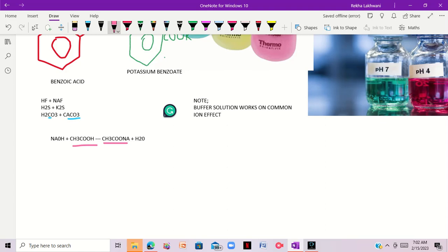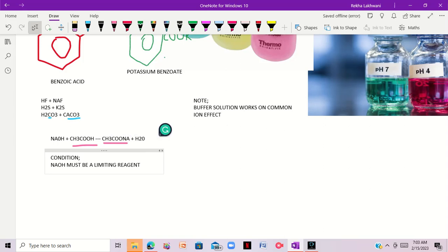But there is a condition, and I love conditions. The condition is that this sodium hydroxide must be a limiting reagent. Now what does that mean?